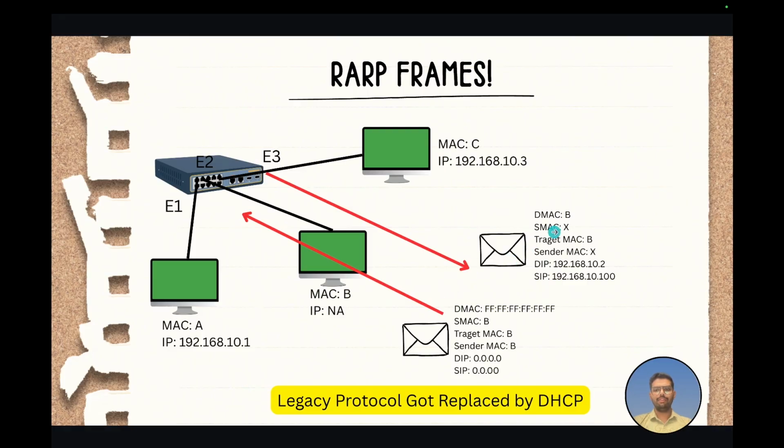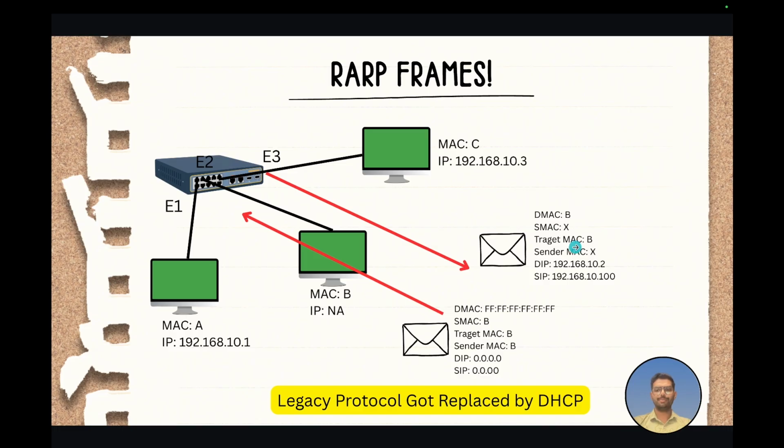And in reply, we will receive this kind of packet, which has destination MAC address B. Source MAC is X because there might be another machine that will process this frame and reply back with the IP address. So I am assuming there is a machine with some source MAC address, let's say X, that will process this message.